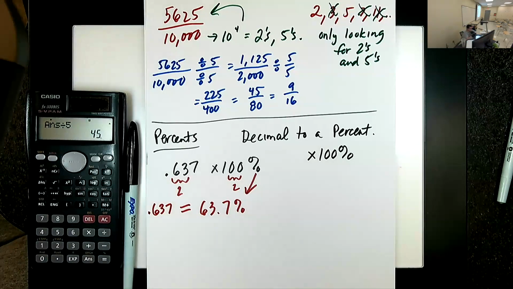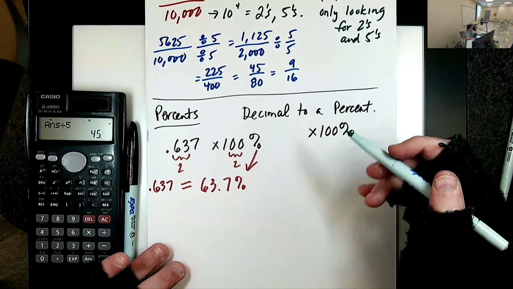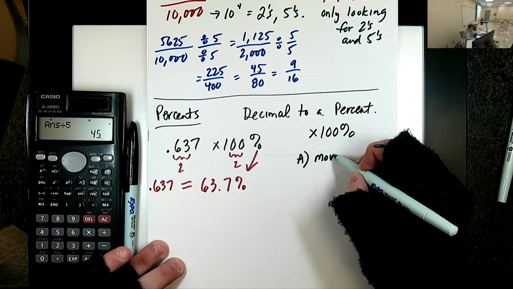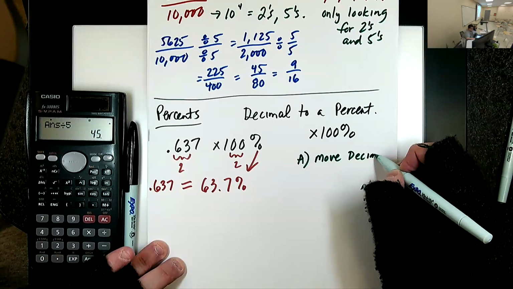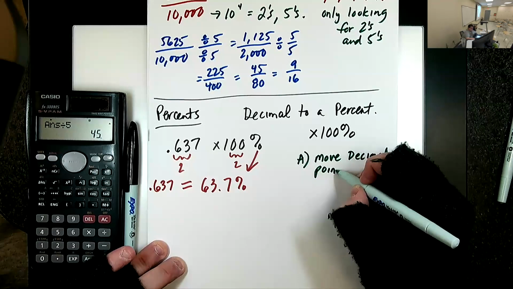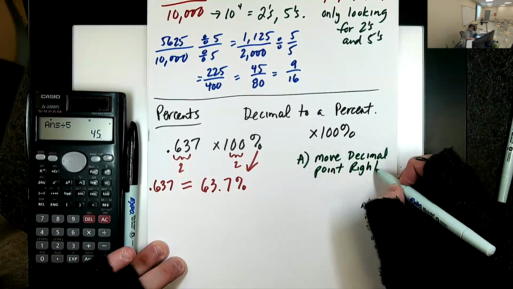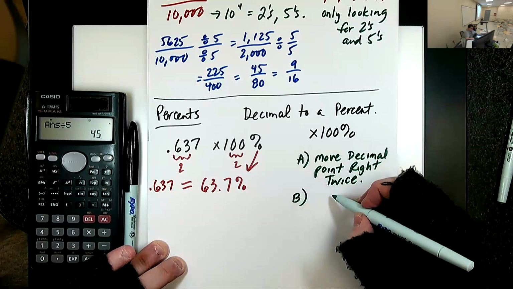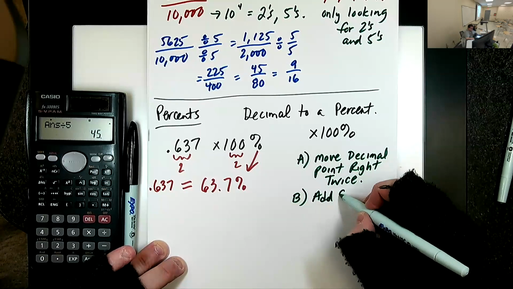If you don't want to do that multiply by 100 thing, you just have to remember 2 rules. A, move the decimal point right twice. B, add the percent symbol.